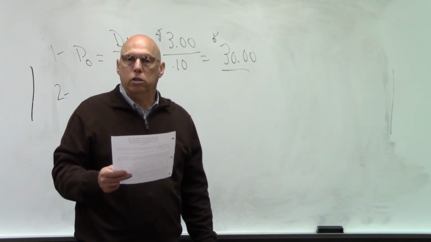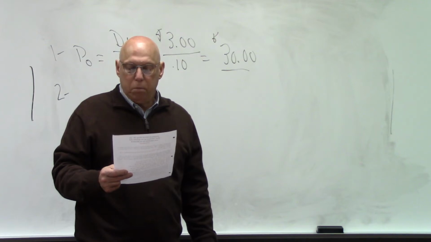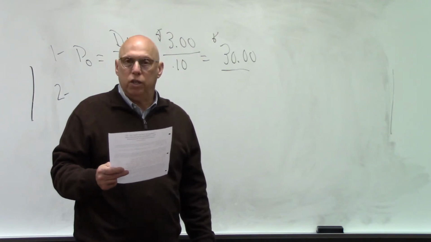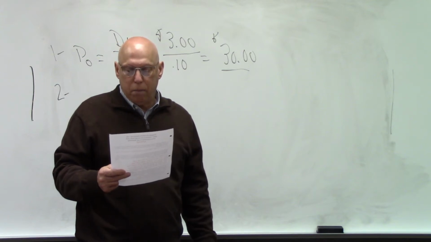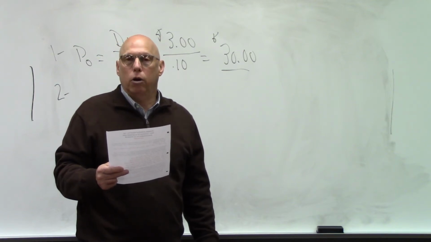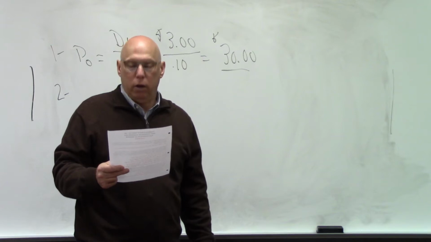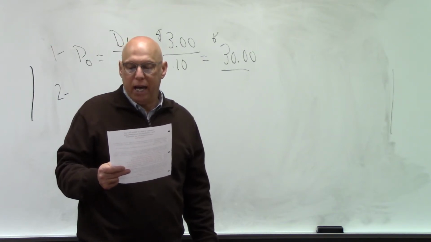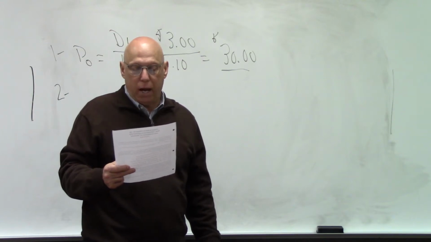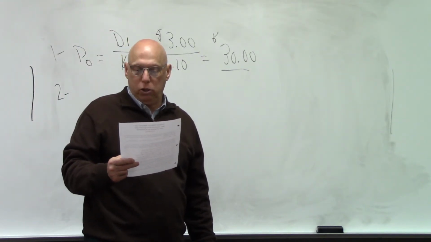So we'll sell the stock at the end of year 4. P4 equals D5 divided by K, where D5 is the same as D4. The terminal value, P4, is equal to D5 divided by K, not K minus G, because there is no G.